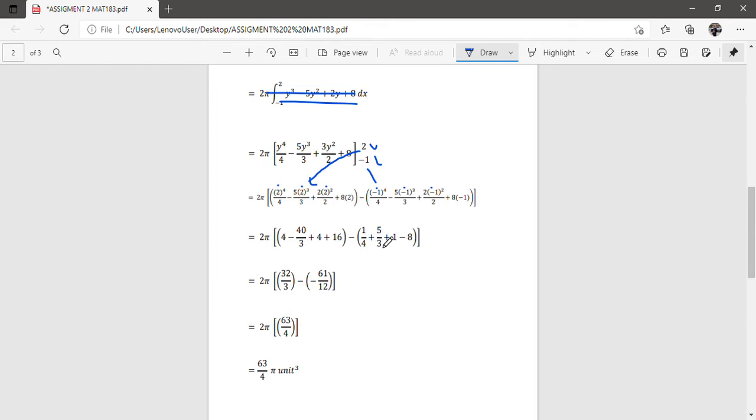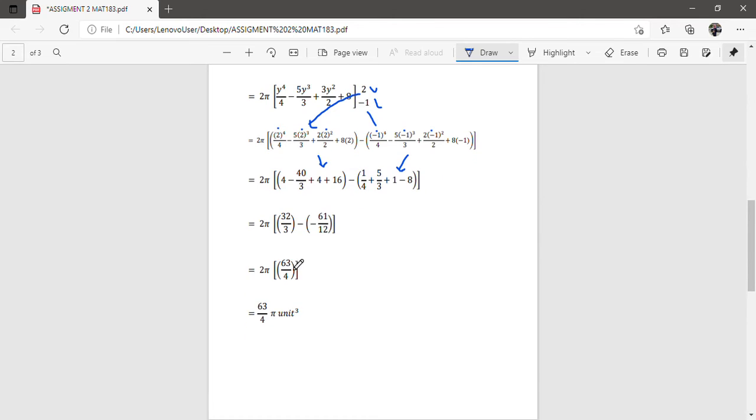And then the answer we will get 4 minus 40 over 3 plus 4 plus 16 here for this equation, minus 1 over 4 plus 5 over 3 plus 1 minus 8 for here. And then we simplify it, we will get 32 over 3 minus negative 81 over 12.